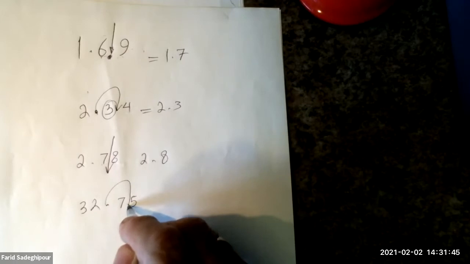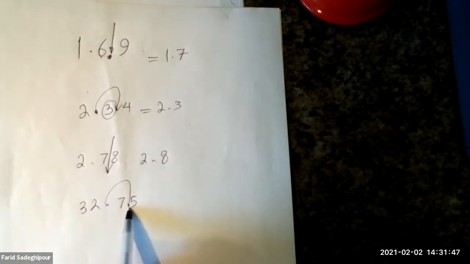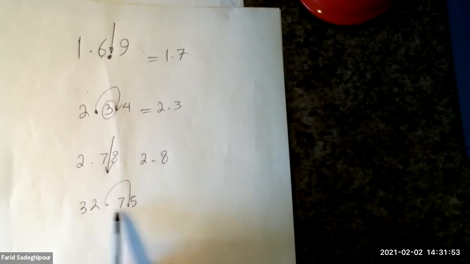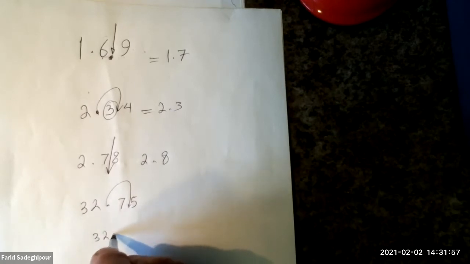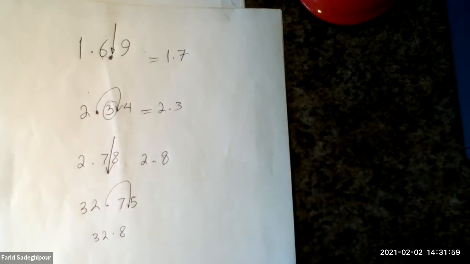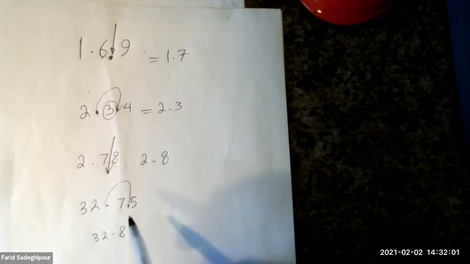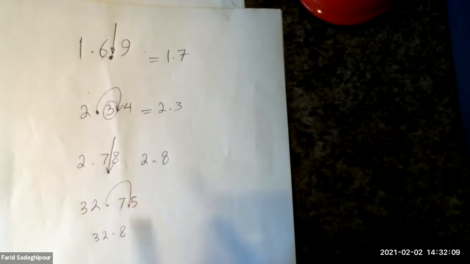I want to round these numbers. After 7, you have 5. If the number is 5 and above, then you add 1 to this. So this would be 32.8. It means if you want to round to the 10th, the number after this, if it's 5 or greater, then you add 1 to that one. That's how it works.